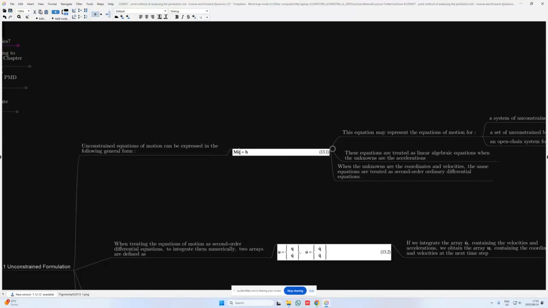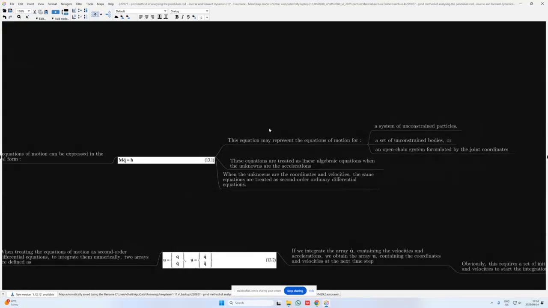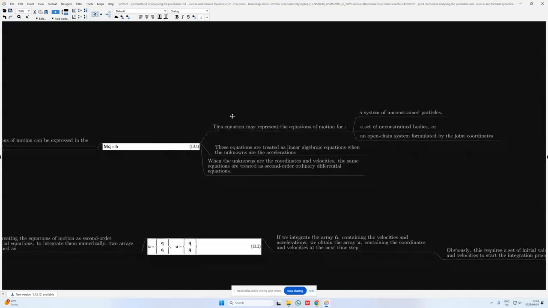We essentially have our mass matrix multiplied by a coordinate vector, or an acceleration vector, which is then equal to all of our net forces that act on the system, denoted by this bold H. Now, this equation may represent the equations of motion for either a system of unconstrained particles, a system of unconstrained bodies, or an open chain system formulated by the joint coordinate formulation.